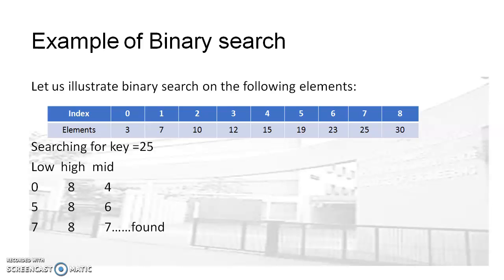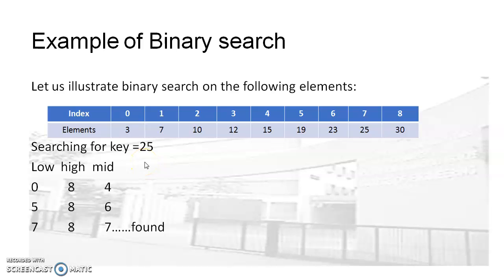The first step is the comparison with the element present at the mid position. So first the mid position is computed. The low end has index 0, the high end has index 8. So the mid position is index 4. The element at index 4 will be compared with the key element. That is, 15 and 25 will be compared.